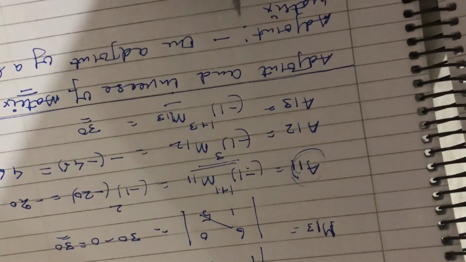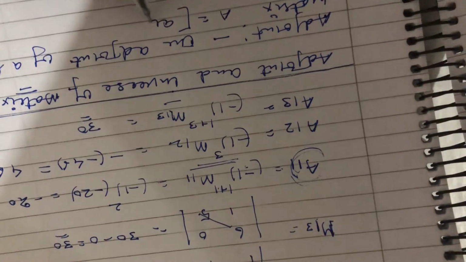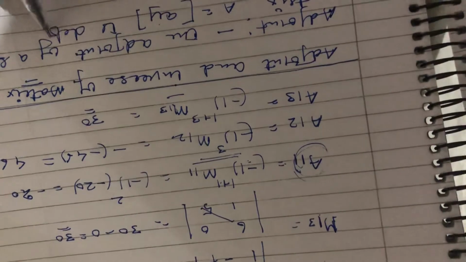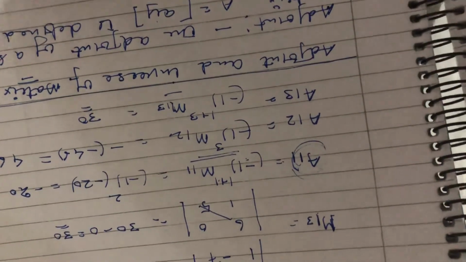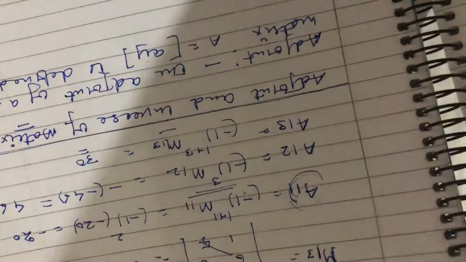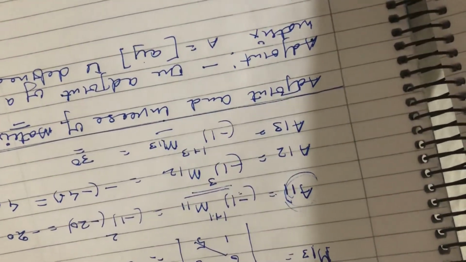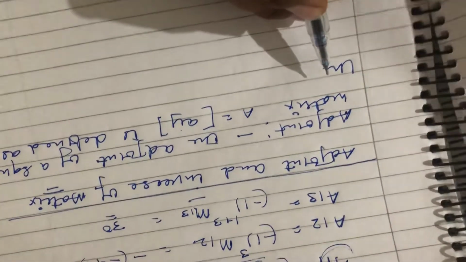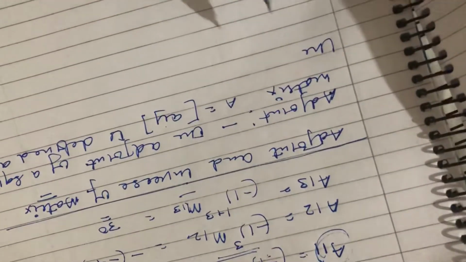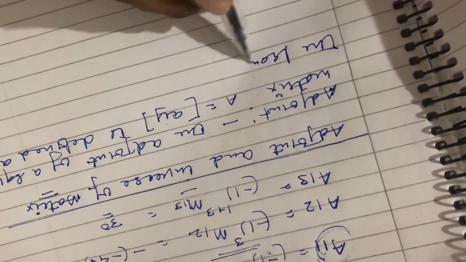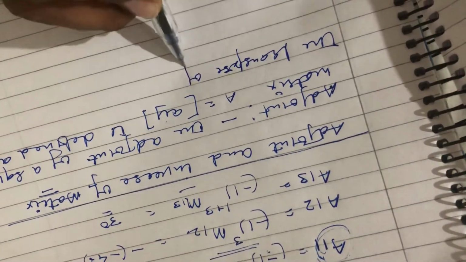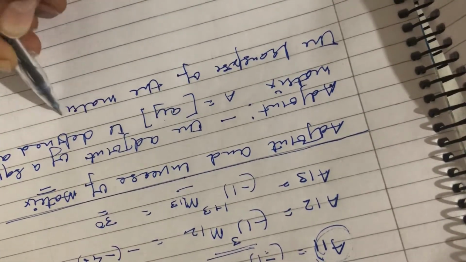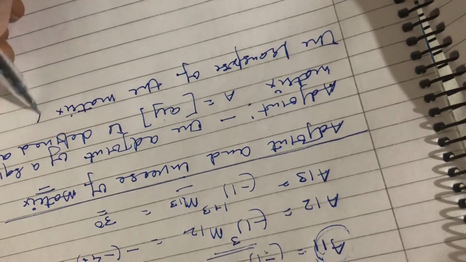The adjoint of the square matrix A, which we call Aij, is defined as the transpose of the matrix of cofactors Aij.